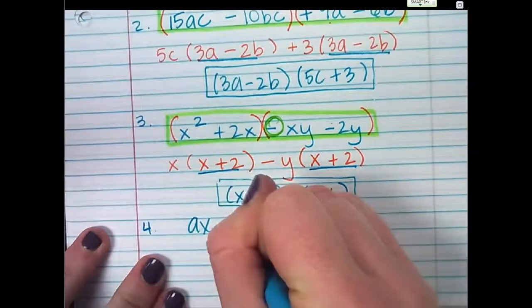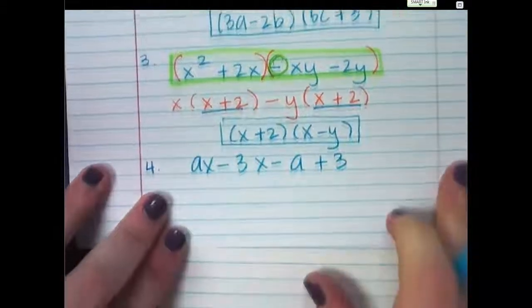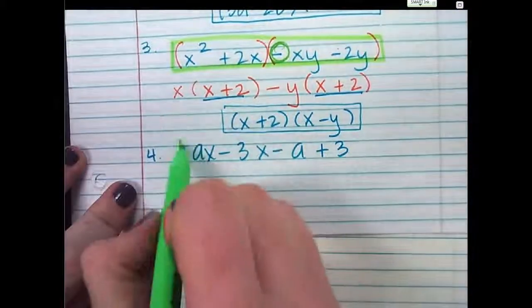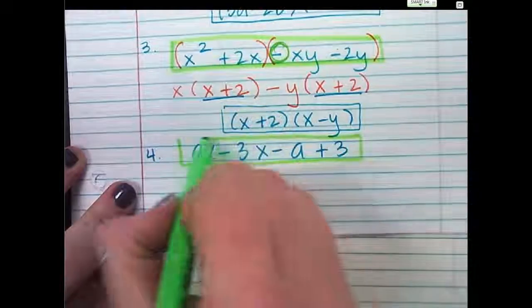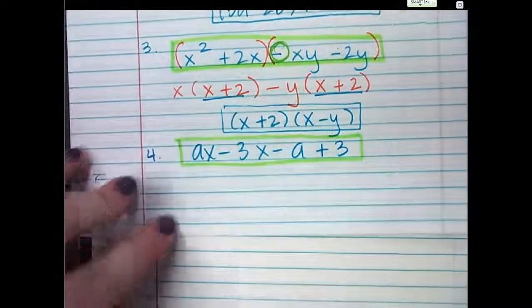Let's do 2 more grouping ones. Number 4. So try number 4.